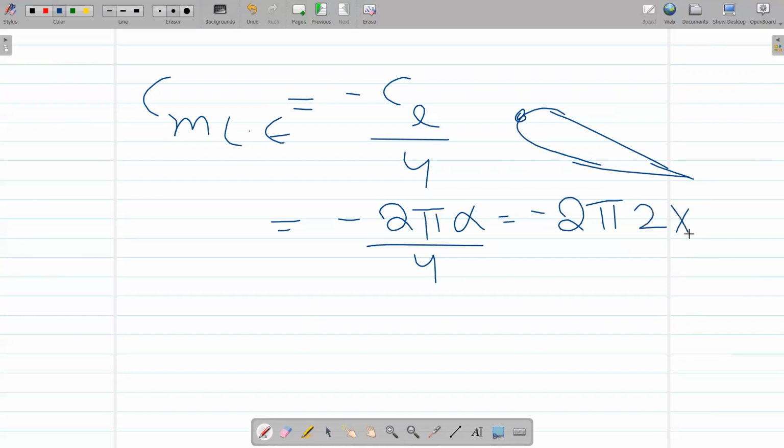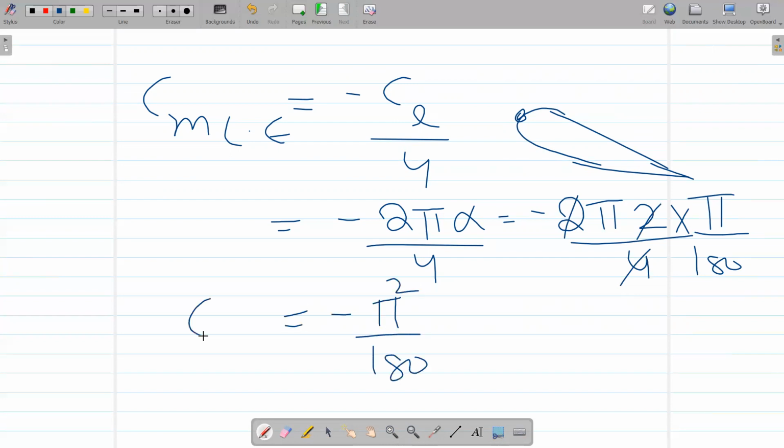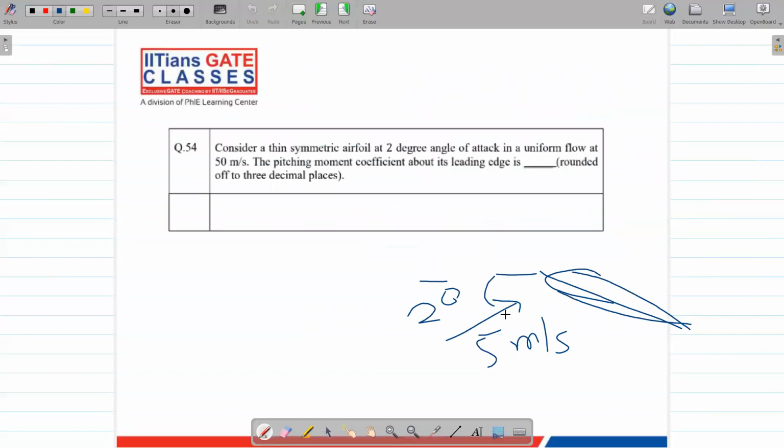This is minus 2 pi into 2 pi by 180 divided by 4. So 2 and 4 get cancelled, and this is minus pi square by 180. And my coefficient of moment at the leading edge is nothing but minus 0.055. It's a non-dimensional value. Rounded to 3 decimal places it would be 0.055.